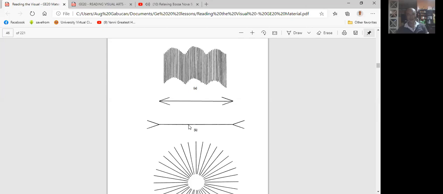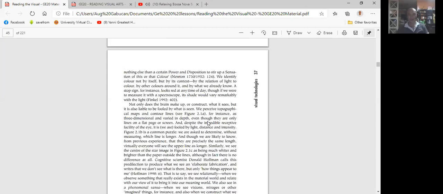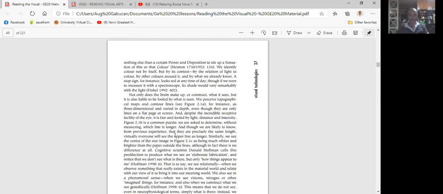Of course, we see this line as longer, but if you really measure them from point A to point B, it's the same. Were you fooled as well? That's the point of the author here. Even without measuring, we automatically presume that the lower line is longer, but of course they are of the same length.